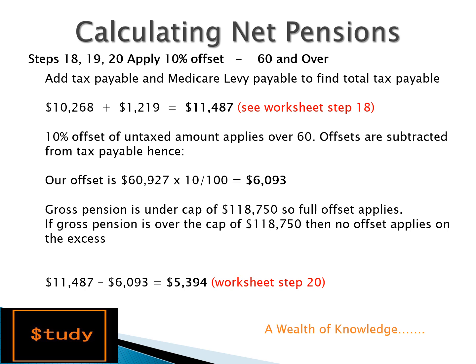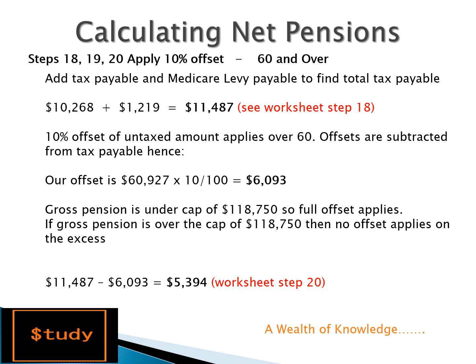So what we do then is we get an offset, and it's 10% of the untaxed amount, which is effectively our taxable income. So we've got this income of $60,927 that needs to be taxed. If we take 10% of that, which is 10 hundredths, or divided by 10, whichever way you want to look at it, we are taking a tenth of our taxable income, giving us an offset of $6,093.